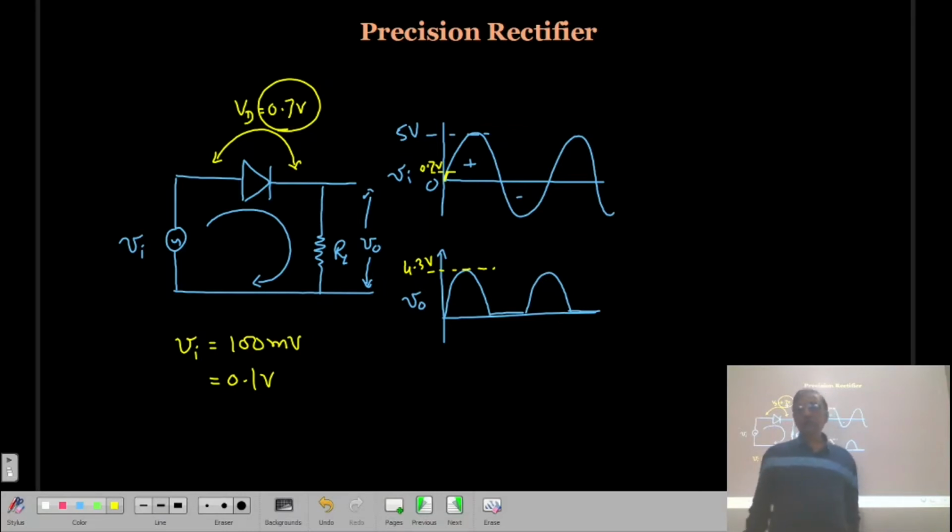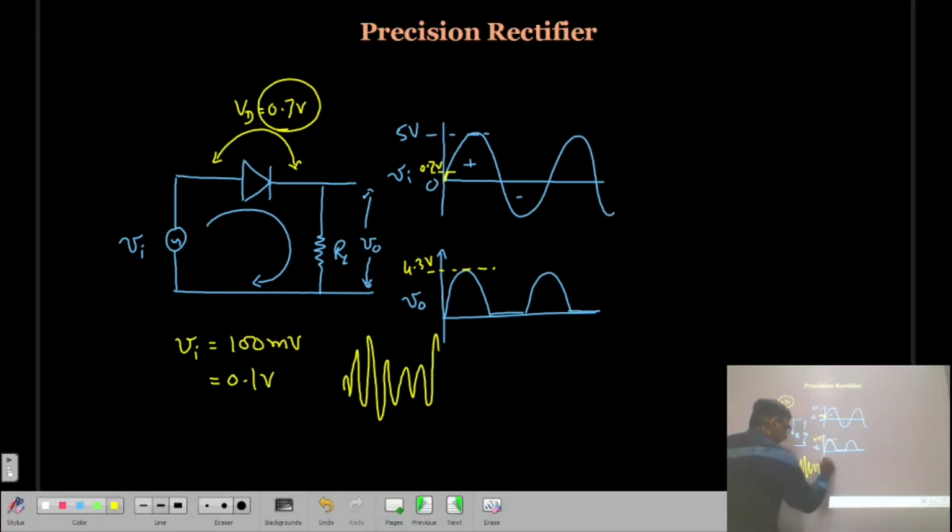Normally, in communication, when we receive the modulated wave, the amplitude of this modulated wave is a very small signal. It will be hardly a few millivolts. Let us say it is 10 millivolts.